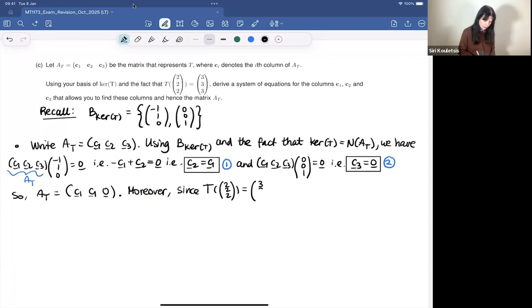And we also know that T of the vector 2, 2, 2 gives us the vector 3, 3, 3.